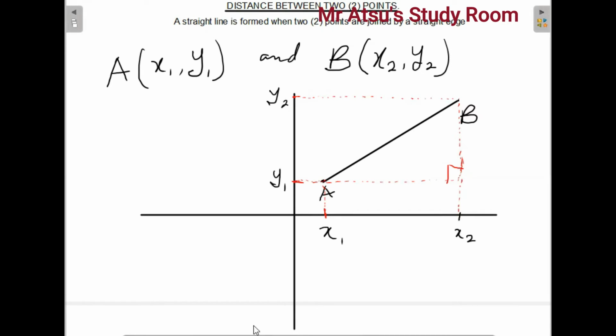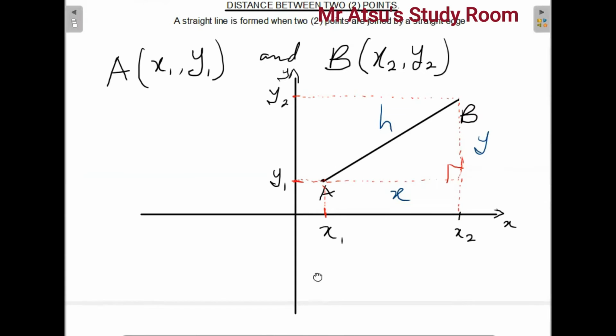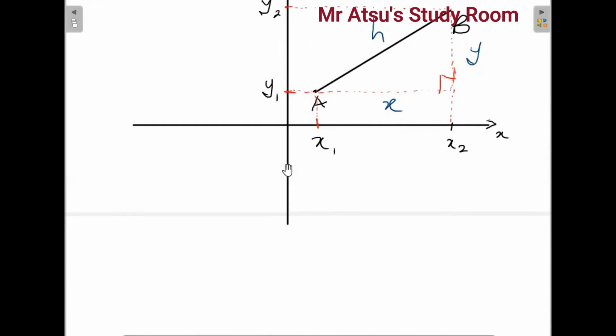The base here, let's call the base of our triangle x, probably because it's along the x-axis, and the height y because it's along the y-axis, and call the line AB h, probably because that is the hypotenuse of the triangle.